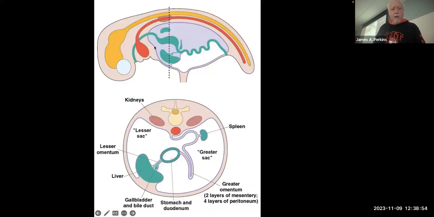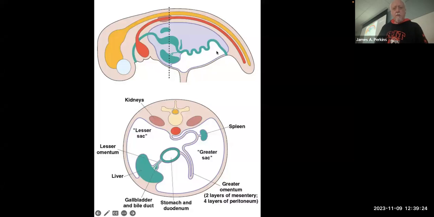And that still remains only in the upper part, the more proximal part of the digestive tract, where there's a remnant of that anterior mesentery that sits anterior to the stomach and actually connects the stomach and even connects the duodenum to the liver and the gallbladder. And then the liver itself is connected to the anterior abdominal wall. So those are all remnants of the anterior part of the mesentery.